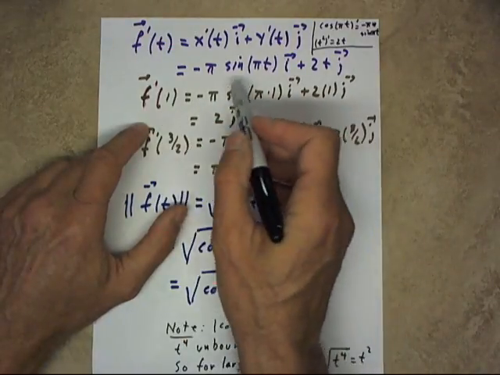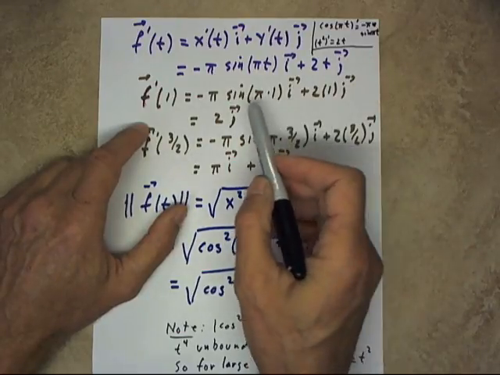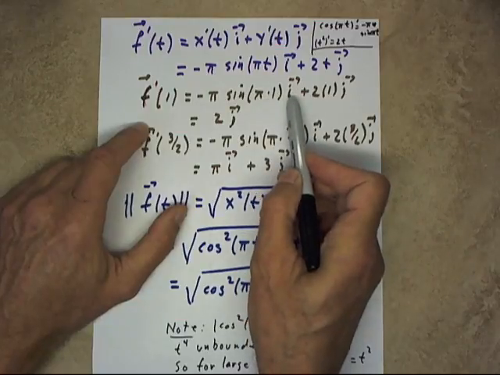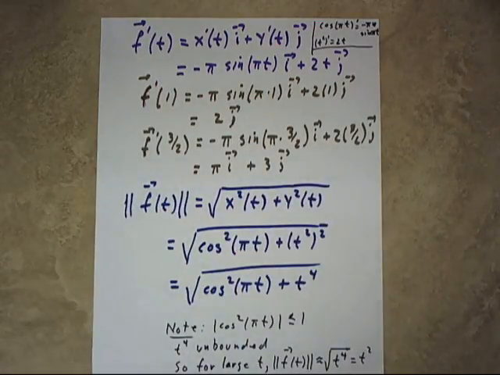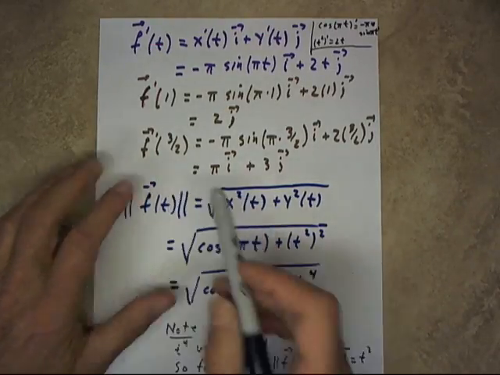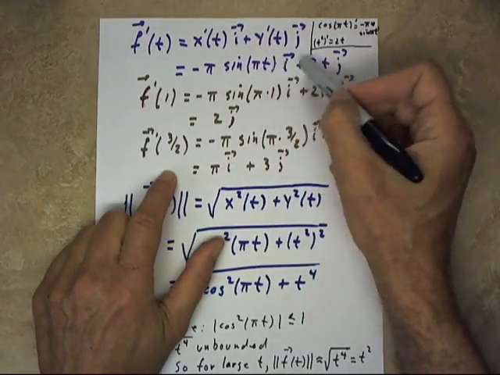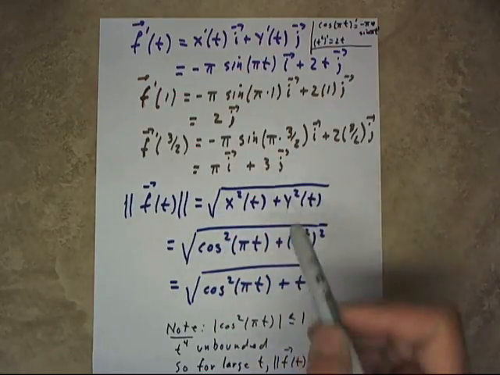If we substitute 1 for t, we have the sine of pi, which is 0, so there's no i component, and 2 times 1 for j, which just gives us 2j. f prime of 3/2 similarly can be evaluated by plugging 3/2 into this expression, and we get pi i plus 3j.